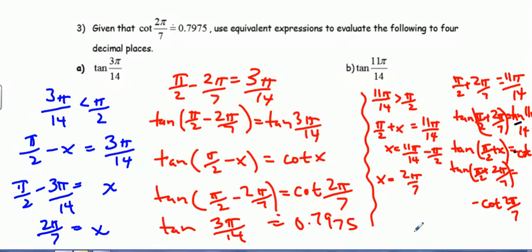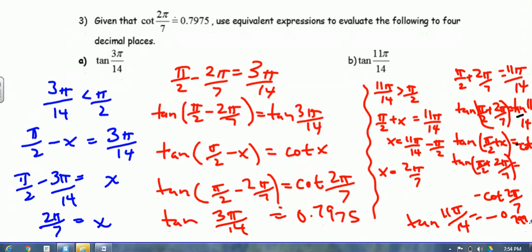And I know that this is the tan of 11 pi by 14. It's equivalent, this angle, and so that's going to equal negative 0.7975 because I've got the cotan here and I need to take the negative of it.